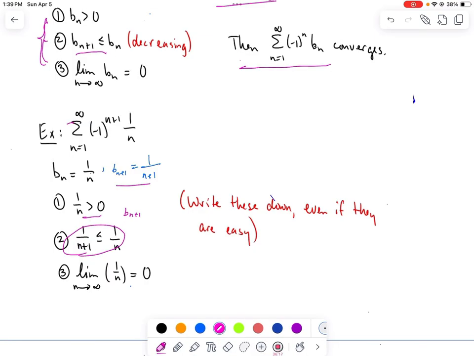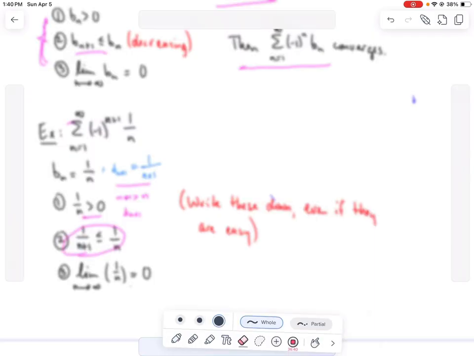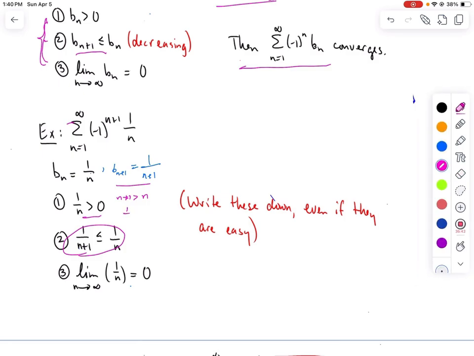Now n plus 1 is always greater than n, so 1 over n plus 1 will be less than 1 over n, which means b_(n+1) is less than b_n, which is what we want.